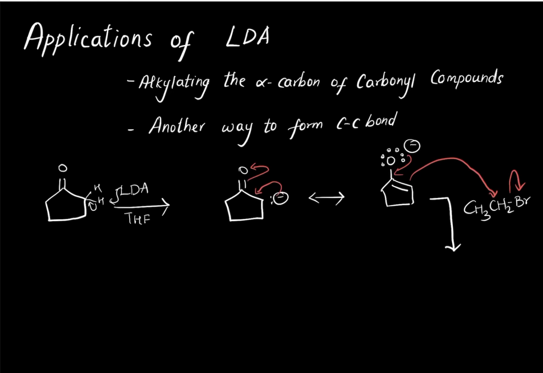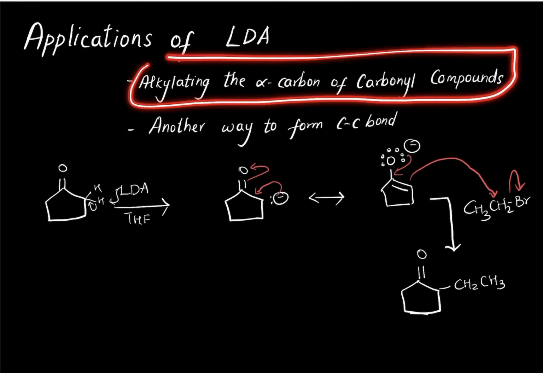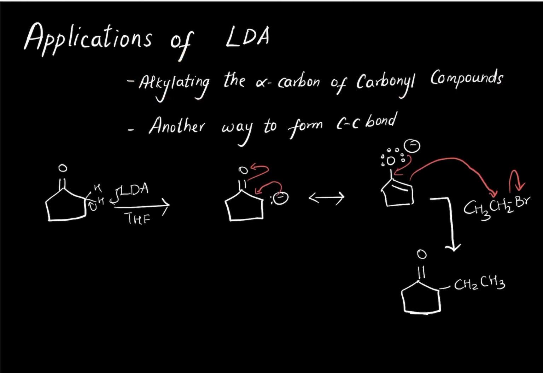The product that you get for this reaction is the monoalkylated cyclopentanone. So lithium diisopropylamide is used for alkylating the alpha carbon of the carbonyl compound. As you can see, the hydrogen in here is replaced by an alkyl group.